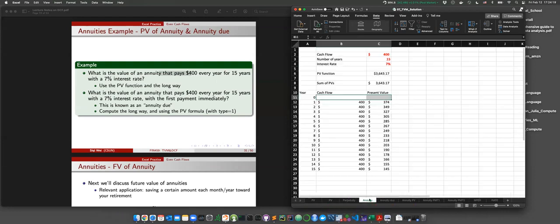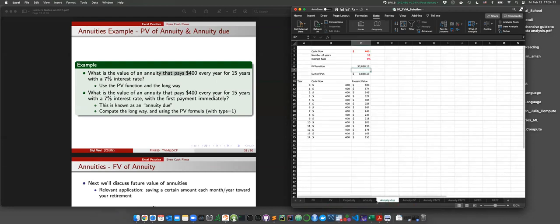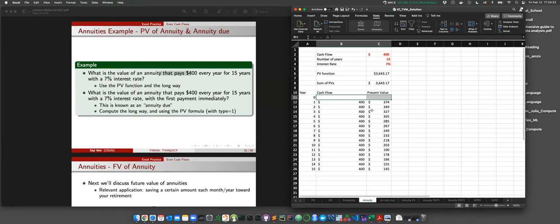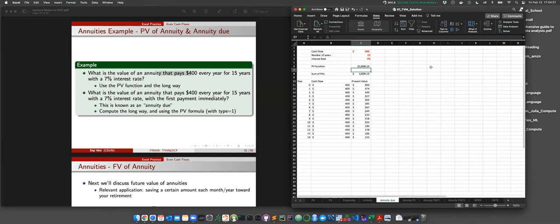You can see it's greater than the ordinary annuity, simply because of the time value of money. You have one period backward, so you save one period of discounting.